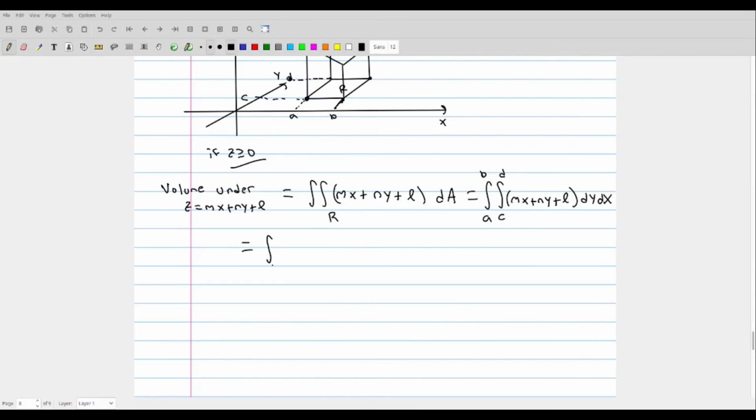This becomes the integral from A to B, from C to D. And we can directly go through and do this first iterated integral.